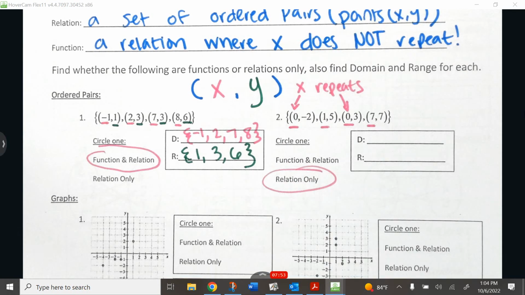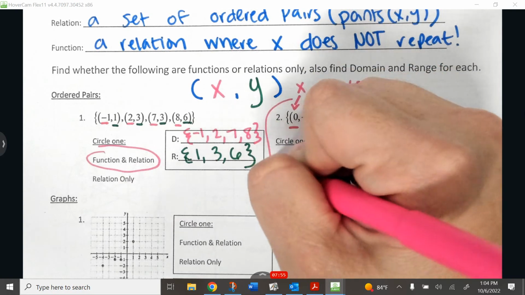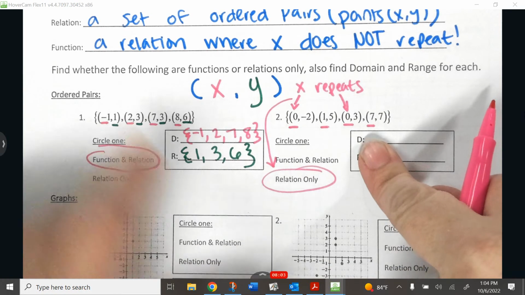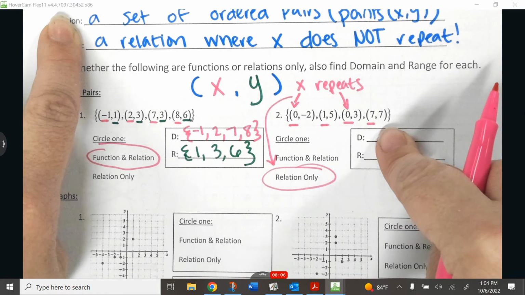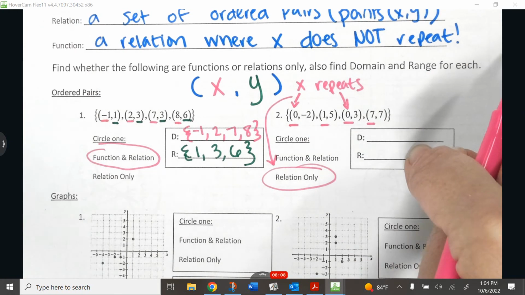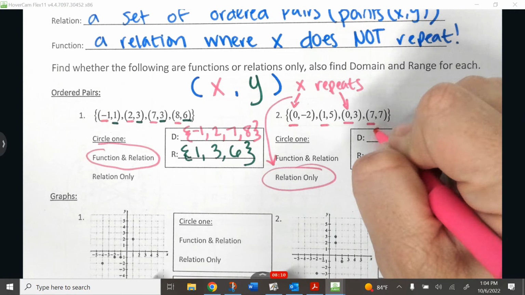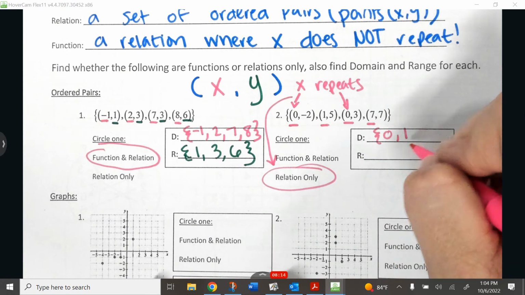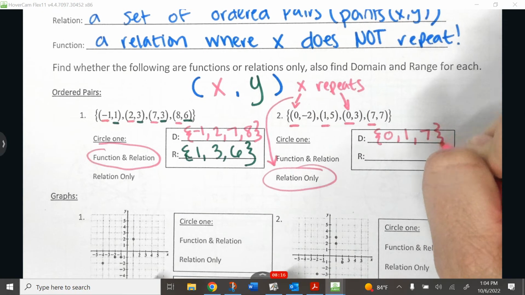No, it's a relation only because x repeated. So it's a set of ordered pairs. That's a relation. So it's still a relation, but the x repeated, therefore that's why it's not a function. So my domain is 0, 1, and then it goes 0 again. Well, I don't need to write that again, and I have 7.